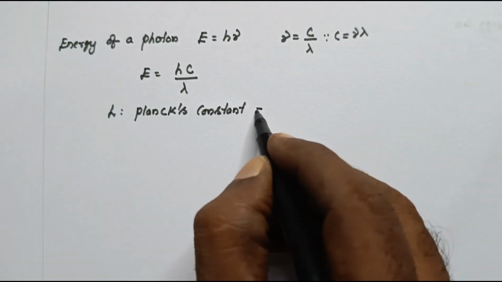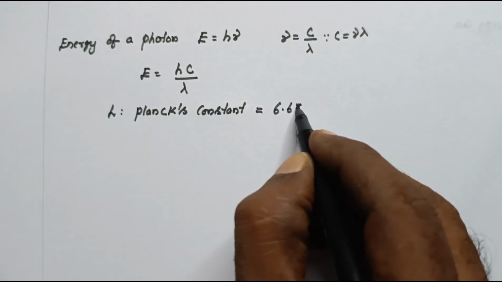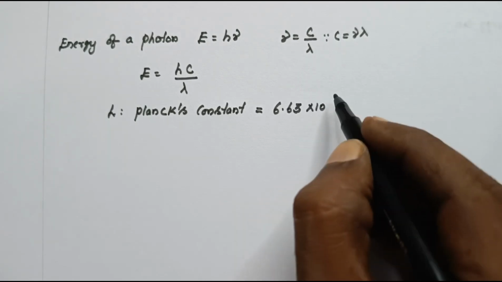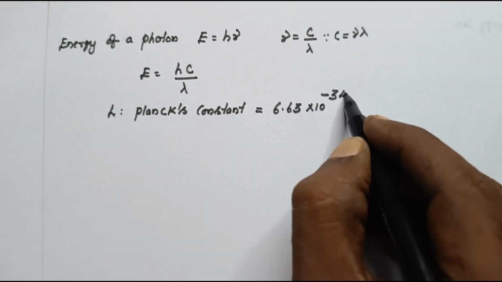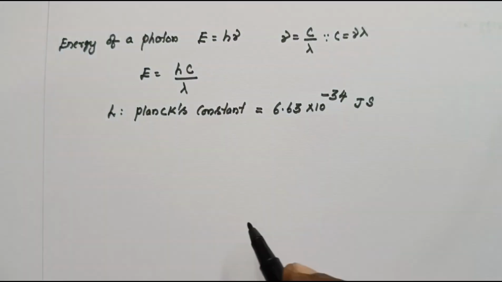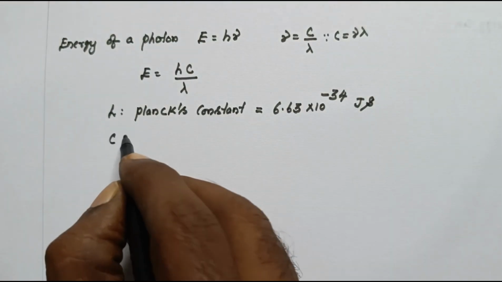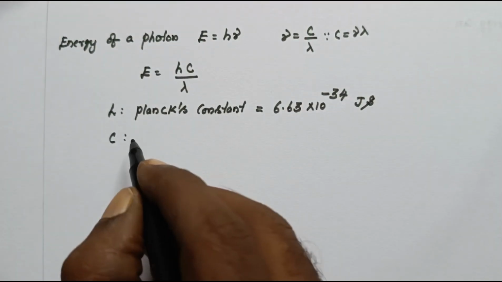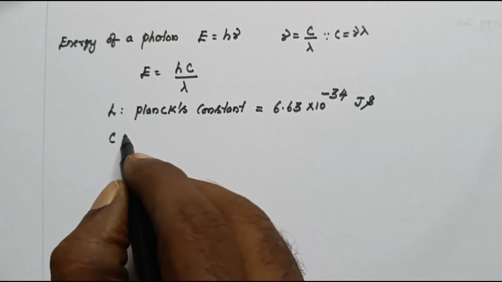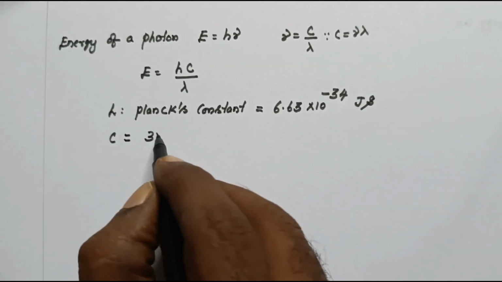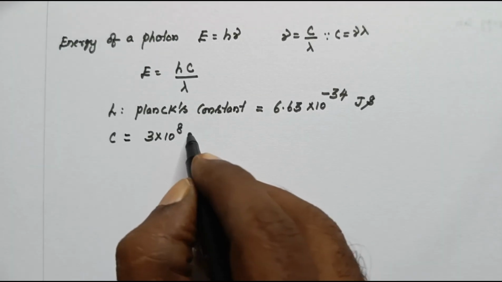H is the Planck's constant. Planck's constant is equal to 6.63 into 10 to the power minus 34 joule second. C is the speed of electromagnetic wave in free space. C is equal to 3 into 10 to the power 8 meter per second.